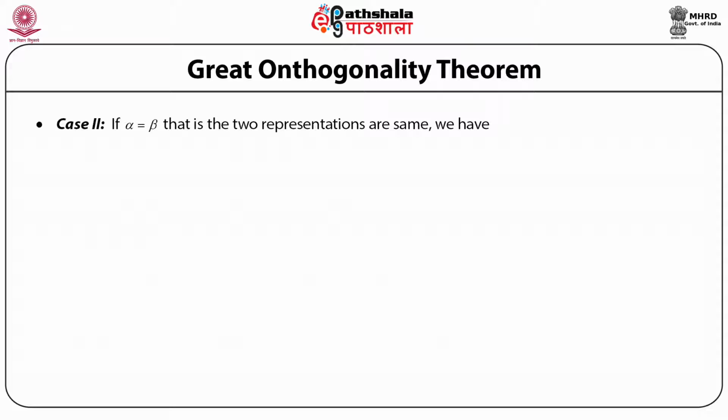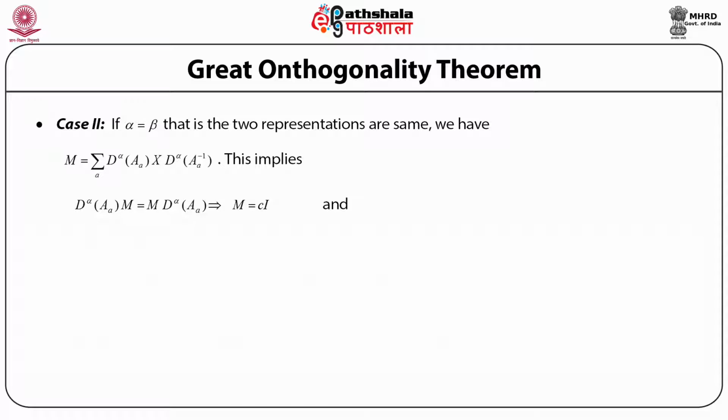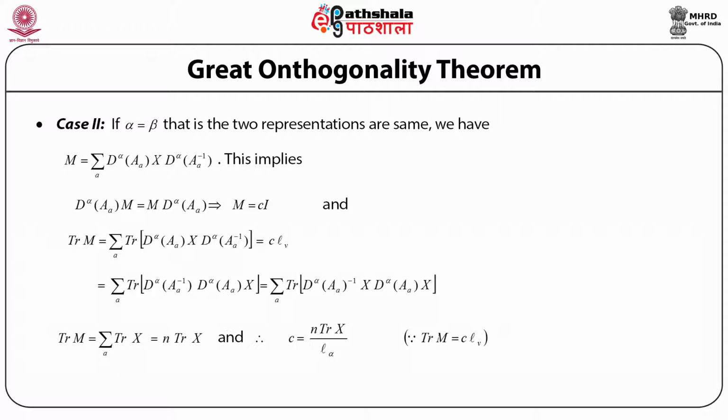We then have M is equal to the sum over all the group elements D alpha(A) X times D alpha(A inverse), which implies that D alpha into M is equal to M into D alpha, which means, since D alpha is an irreducible representation, by Schur's lemma the matrix M is a multiple of the unit matrix I. Now the trace of M is equal to the sum over all elements of the trace of D alpha(A) X D alpha(A inverse), which is equal to, now what is the trace of M? M is C times a unit matrix.